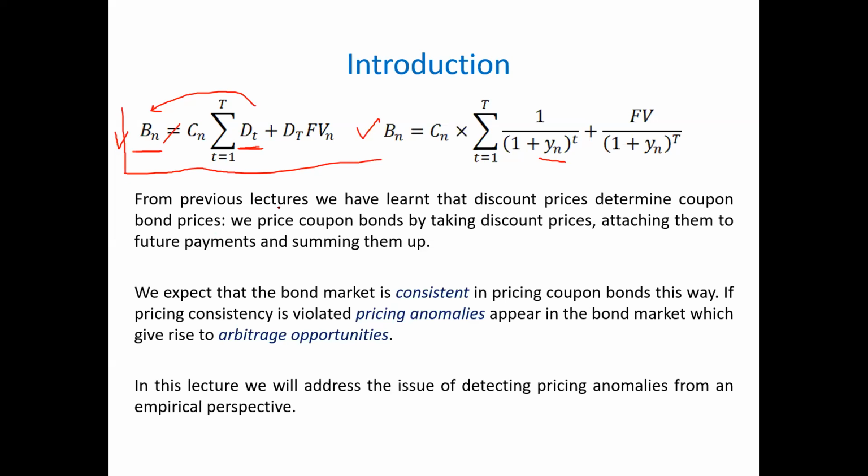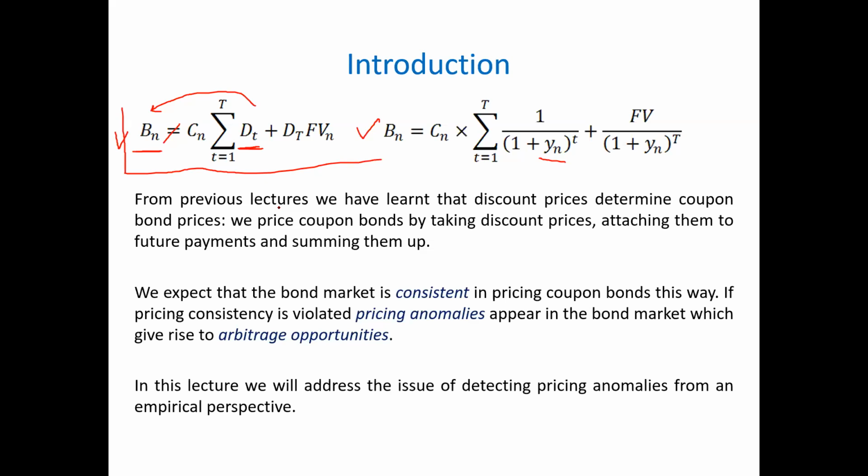Therefore we can say that the discount bonds market evolves in its own way and the coupon bonds market evolves in its own way. This is definitely something very abnormal because it should not be like that. And if it occurs, we simply say that there is no pricing consistency, and if there is no pricing consistency, then there are pricing anomalies. Sometimes these pricing anomalies give rise to arbitrage opportunities, but not always, because arbitrage opportunities occur when you can exploit pricing anomalies and at the same time get profits.